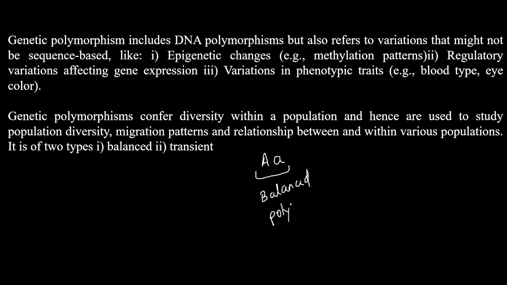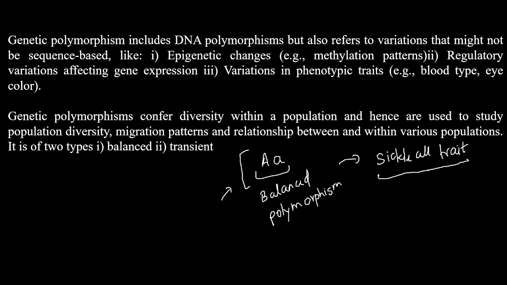Why is it called balanced? Because both the alleles are present. If the polymorphism is present in both the alleles, this is very important because it provides a certain sort of advantage. For example, a person that has the sickle cell trait: because of this sickle cell trait, these individuals, not patients, are resistant to the malaria parasite.